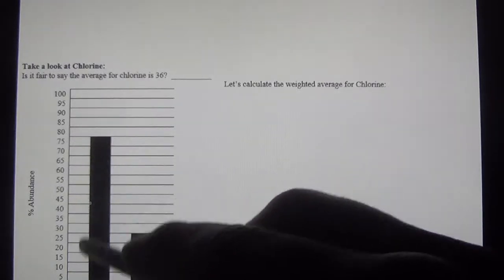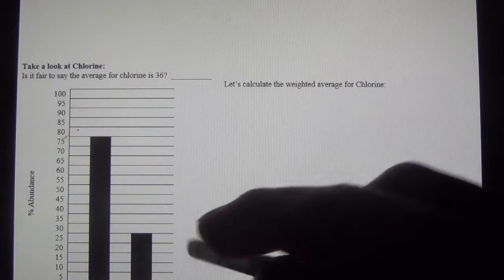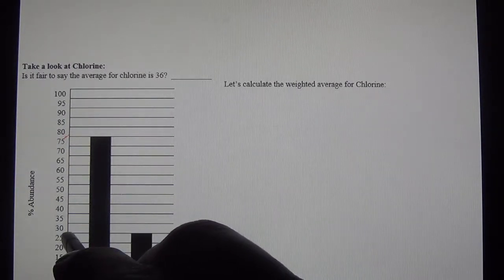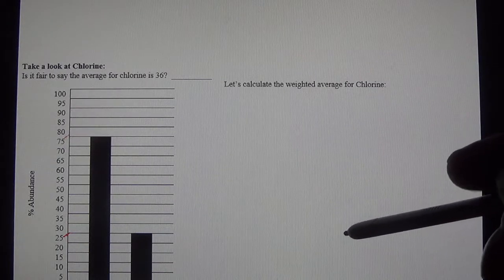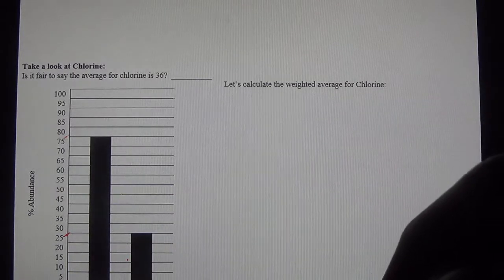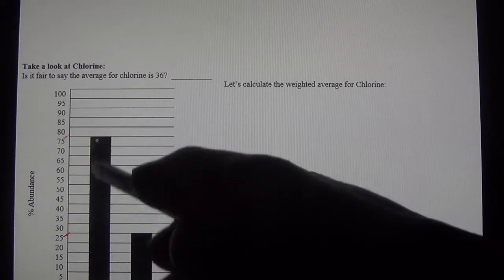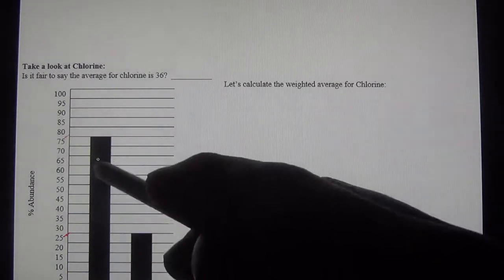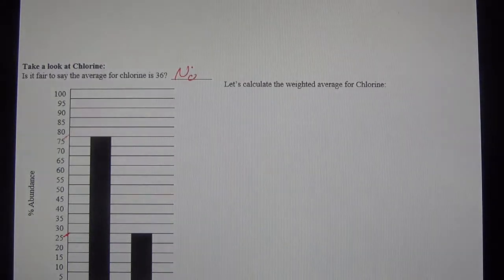This isotope 35 is 75% abundant, and this isotope 37 is 25% abundant. If we have 35 and 37, the average would be 36, right? Well, is that really fair, looking at the size of those bars, to call the average 36? Please tell me no, that does not seem fair.